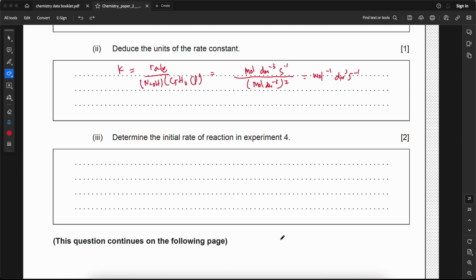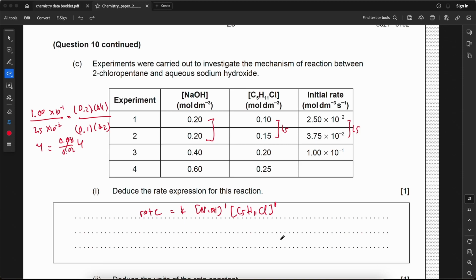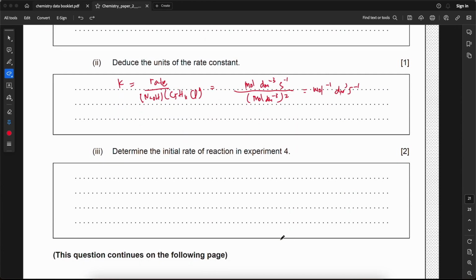Determine the initial rate of reaction in experiment 4. As you can see, there is no initial rate for experiment 4. So we need to find K first, so we can find the rate. K is the rate divided by the concentration.